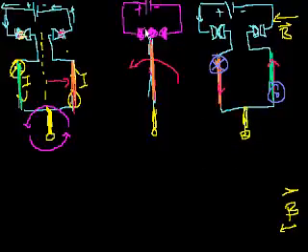So if you have a constant magnetic field, and you just use this commutator, which as soon as you get to that vertical point, cuts the current, and then when you go a little bit past vertical, a little bit past 90 degrees, it switches the direction of the current.